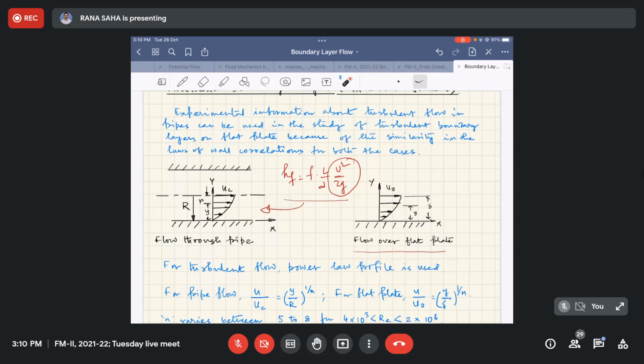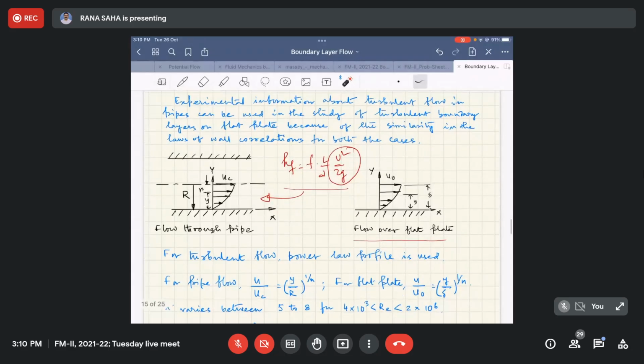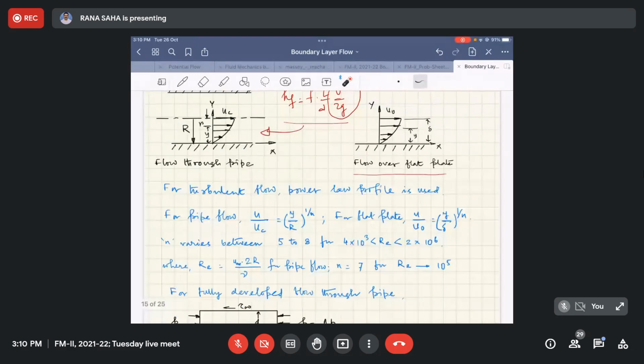Similarity principle for which particular area? That is the wall. Because at the wall for pipe, you have the no slip condition, velocity 0. For flow over a flat plate as well, it is the same. Velocity should be equal to 0 for the no slip condition. That is one very important basis of this analysis.